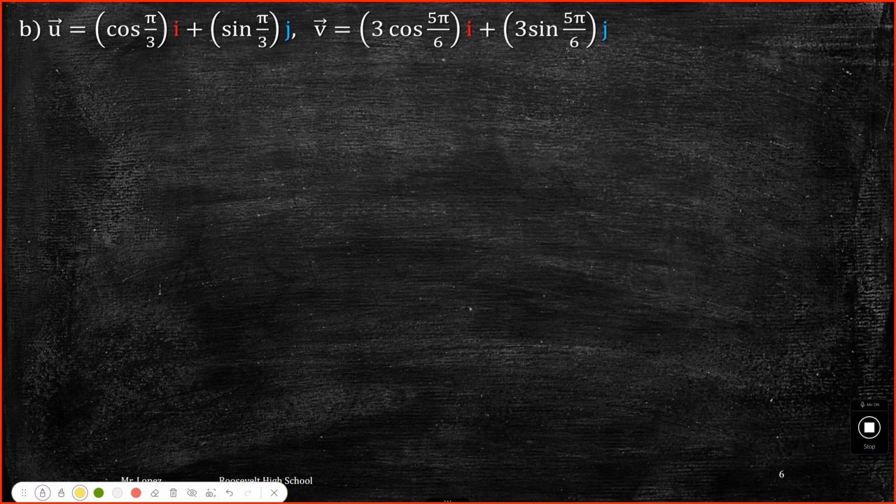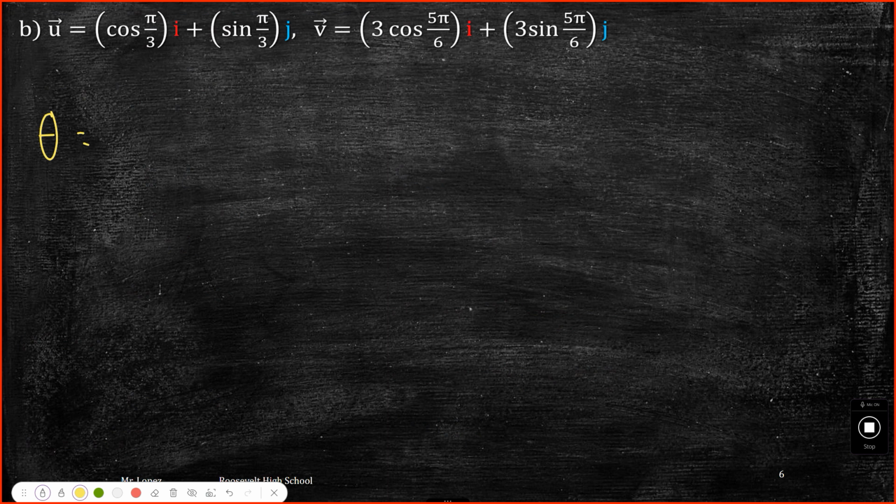Find the angle between these vectors. Let's do the dot product.